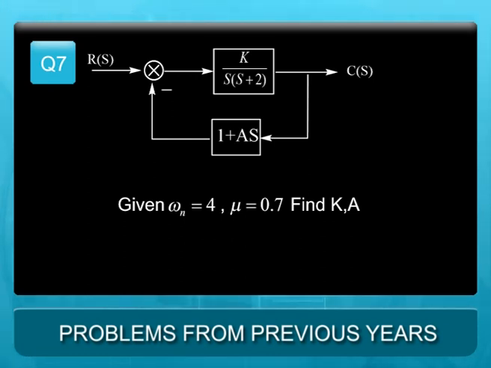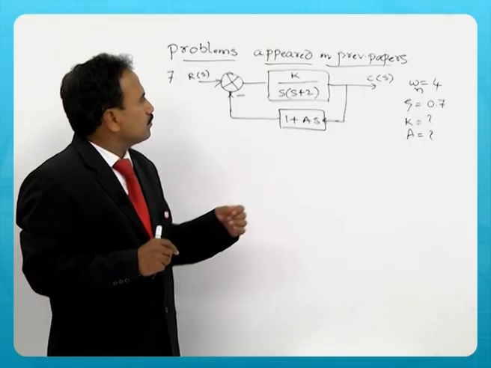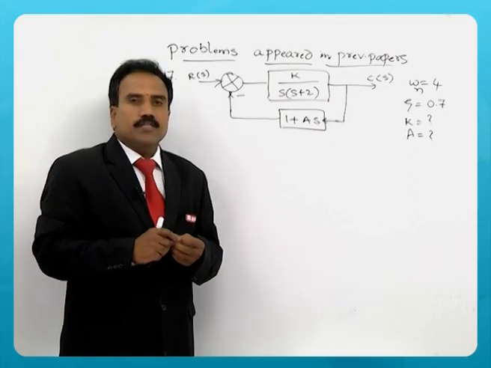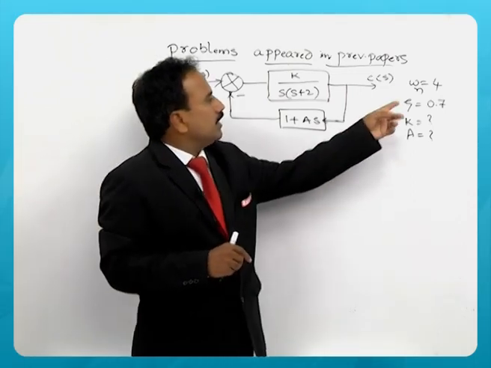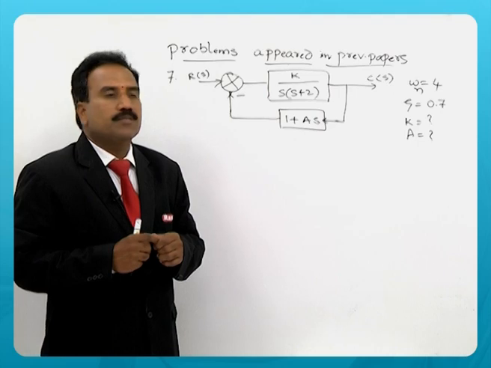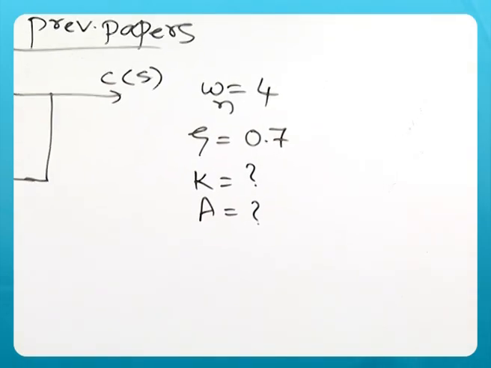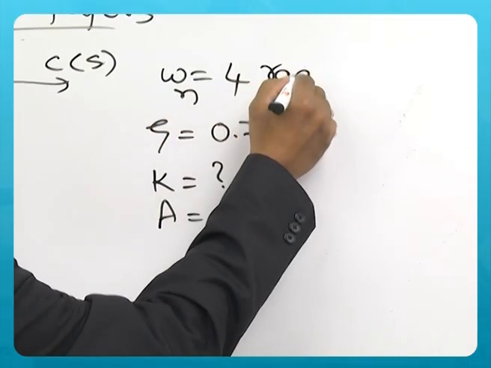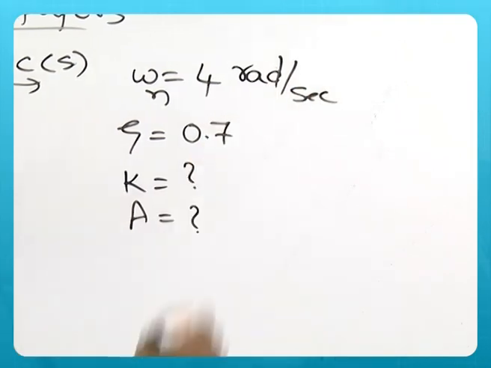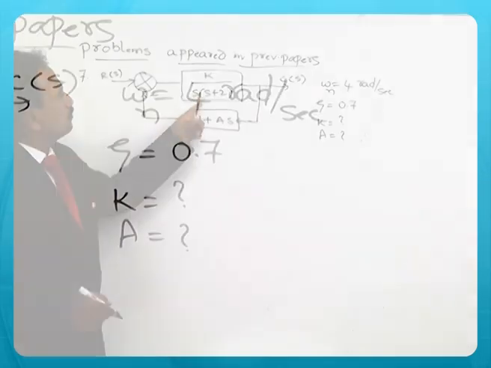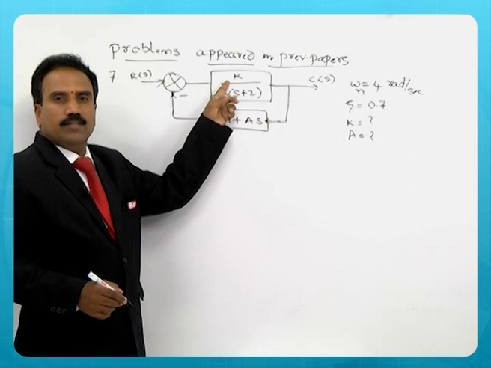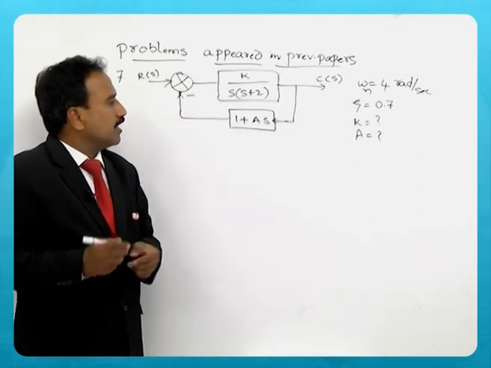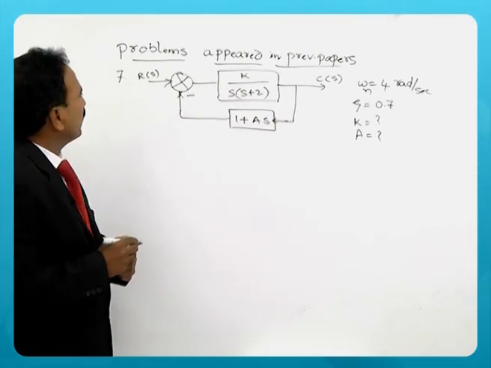So this is one of the problems on time response analysis, where the undamped natural frequency is given as 4 radians per second and the damping ratio is given as 0.7. You are asked to find out the steady state gain k and the constant a in the feedback path.